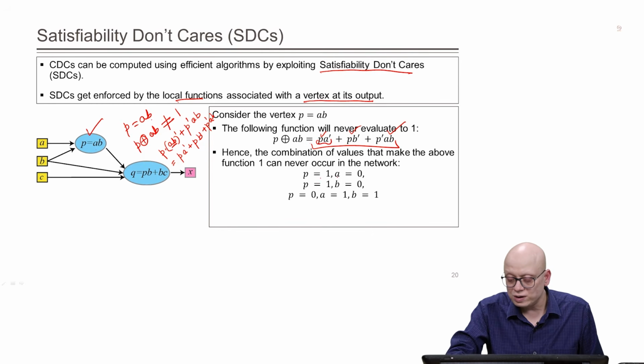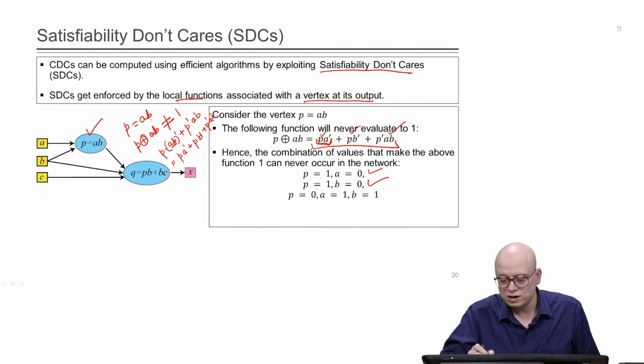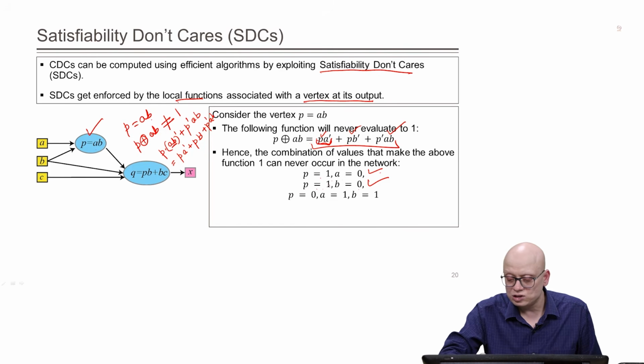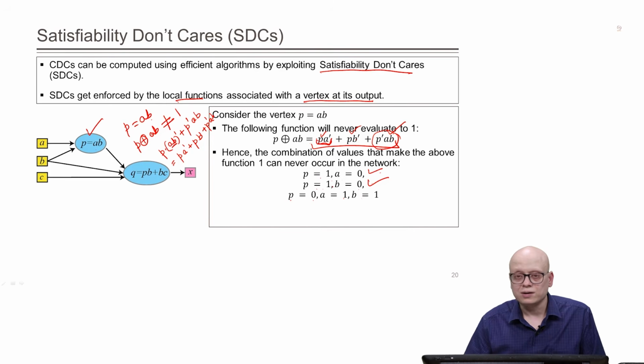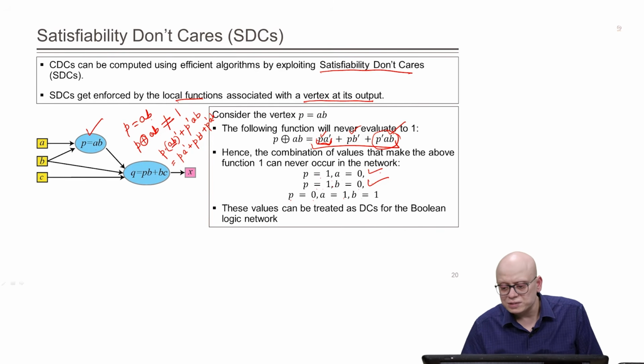So, P is equal to 1, A is equal to 0 can never occur; P is equal to 1 and B is equal to 0 can never occur; and P is equal to 0 with A is equal to 1 and B is equal to 1 will never occur. And these values can be treated as don't cares for the Boolean logic network.